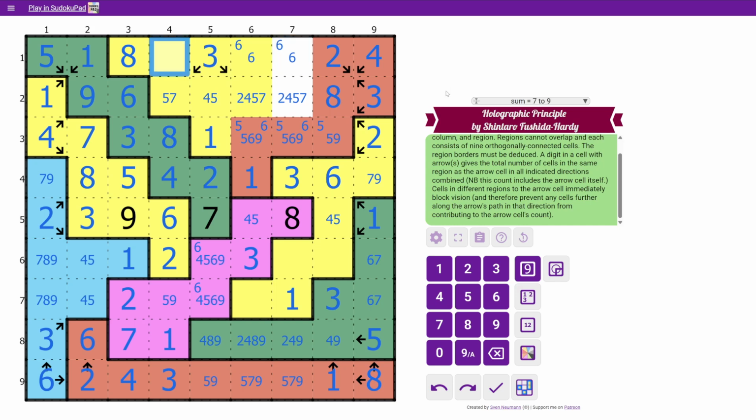This looks to be 7 or 9. And this will also be 6, 7, or 9. This is 4, 5, 6, 9. 8 only here.